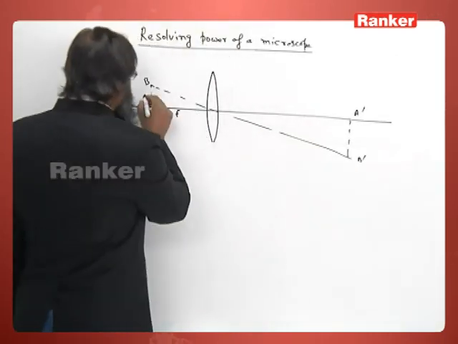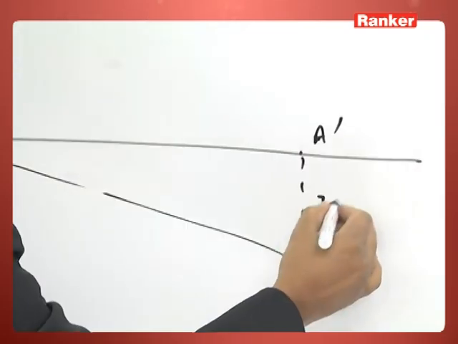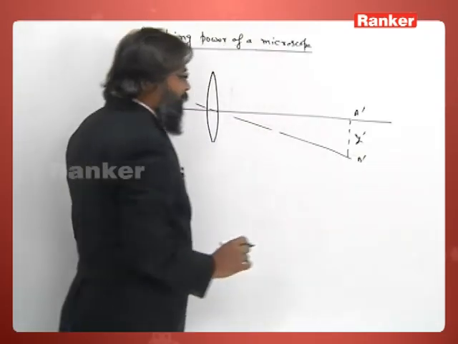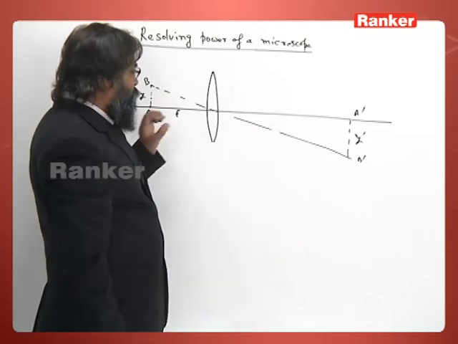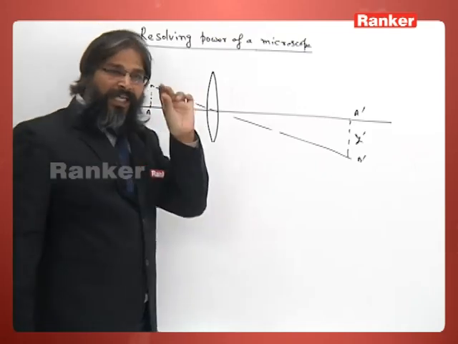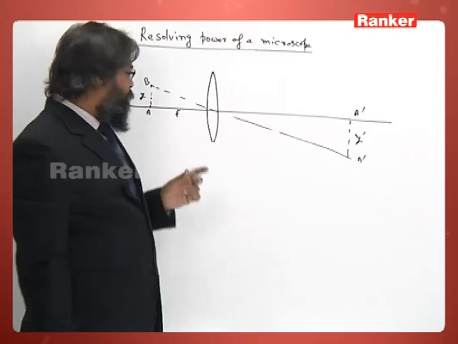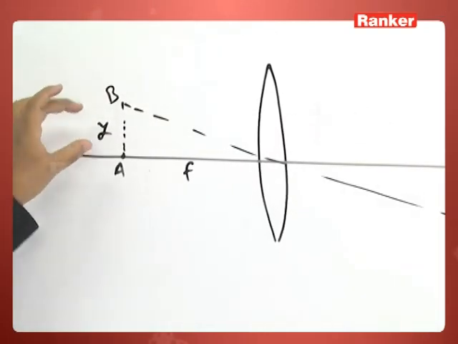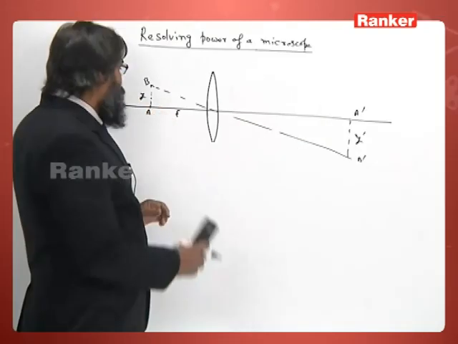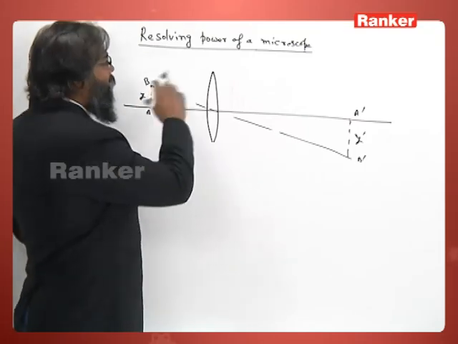Suppose this is Y and this is Y dash. What are A and B? Through this microscope, A and B are the closest points which can be seen as two different points. So Y is the minimum distance that can be resolved with the microscope.